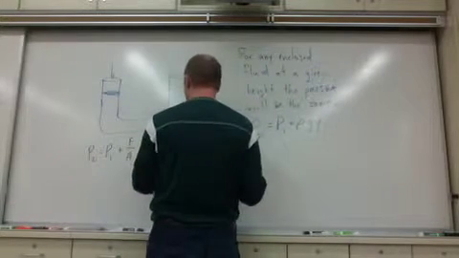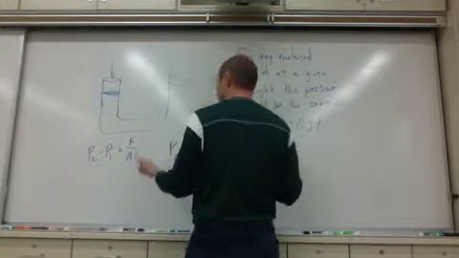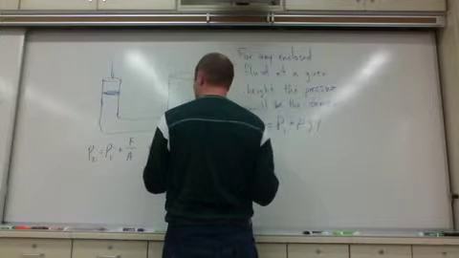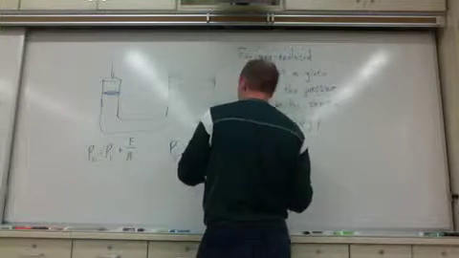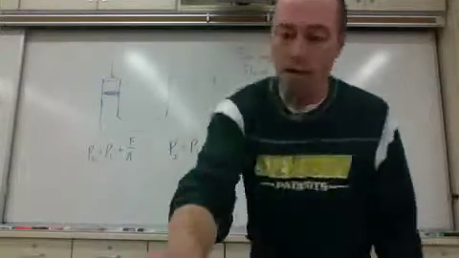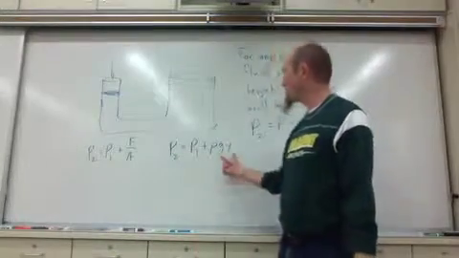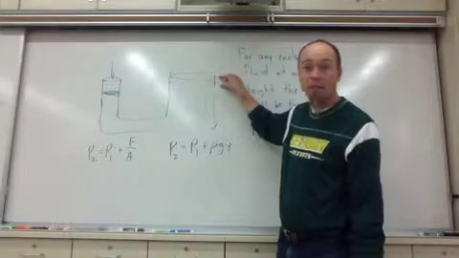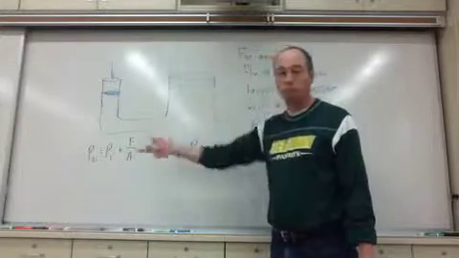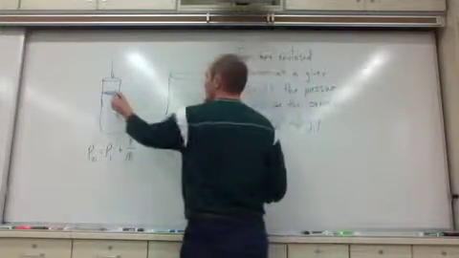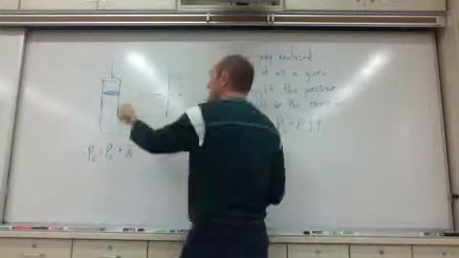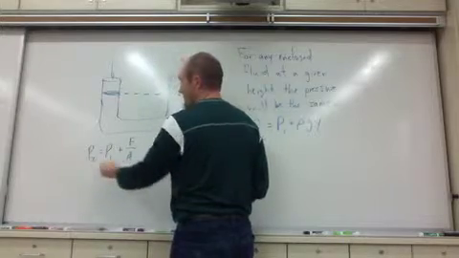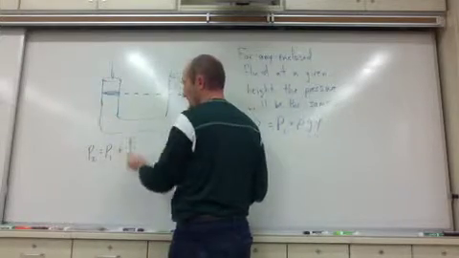If this side goes up, the amount that this side goes up is going to be equal to, the pressure on this side would be equal to my atmospheric pressure plus rho g y, where this y would be how much it raised up, and then those two pressures would have to be the same. So if I was to go like this, at this point my pressure is atmospheric pressure plus this.